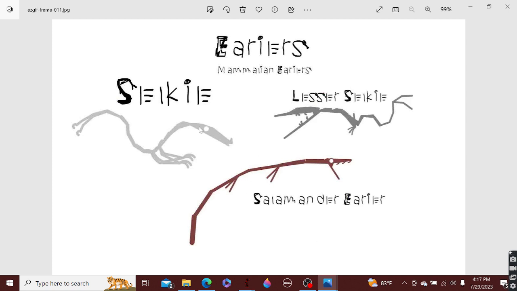So we have the Silky Earier and the Selkie/Seal Earier from Antarctica, and of course the Lesser Selkie. These basically take the role of, well, seals. Although this is called the Salamander Earier, it actually takes the role of otters.